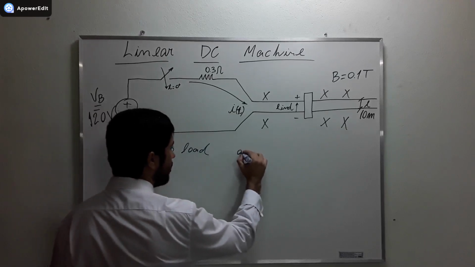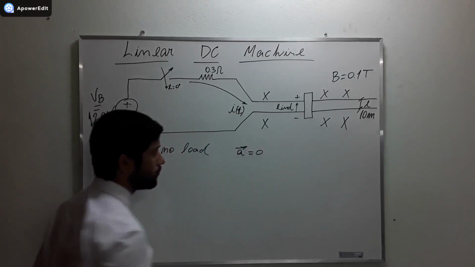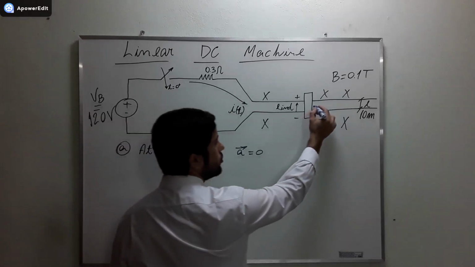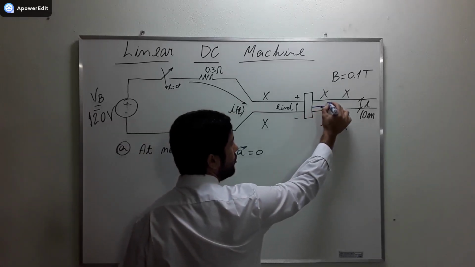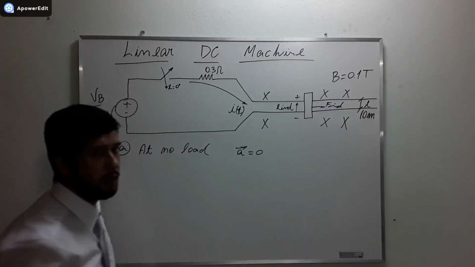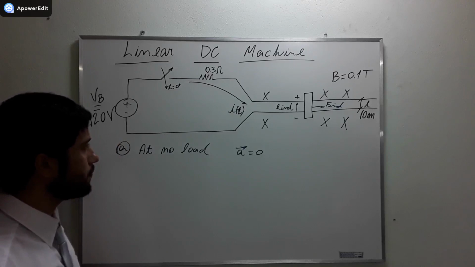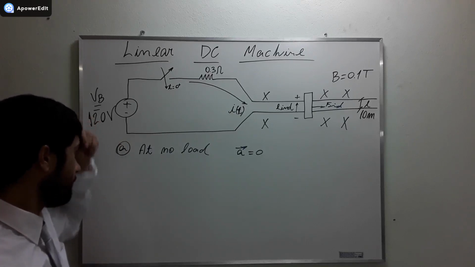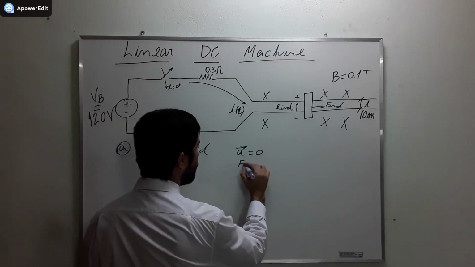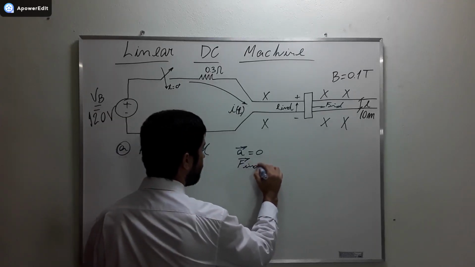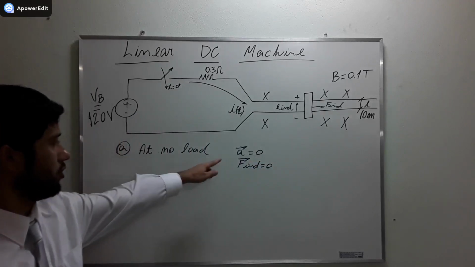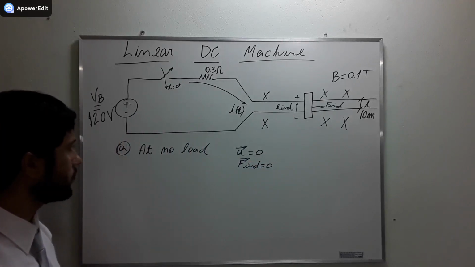When the acceleration is equal to 0. Okay? We are going to have an induced force here that's going to drag the moving bar to the right. And when this force is equal to 0, we have the steady state. Okay? The machine is not accelerating anymore.